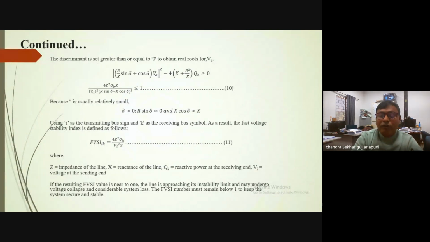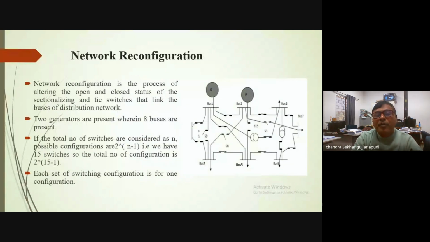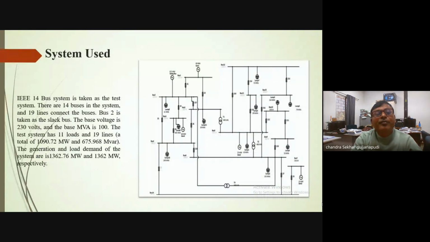Okay, so for our system we have done some kind of reconfiguration. We have taken a system of 14 bus network. In the 14 bus network we have a total of 19 lines, 14 buses and 19 lines, with base MVA of 100, and there were 11 loads.